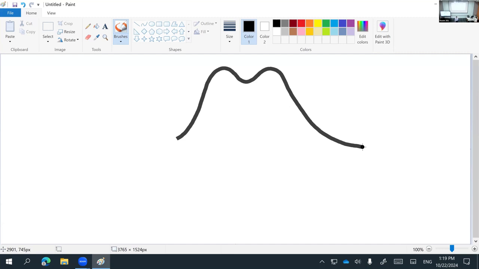Let's say you ran into this situation. Now, what follows depends on your assumption. Your assumption is this is one population that just happened to have two peaks.